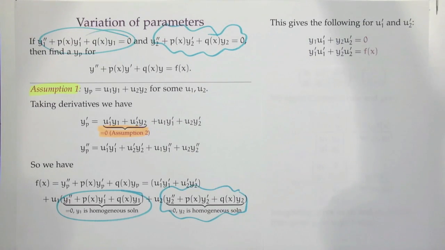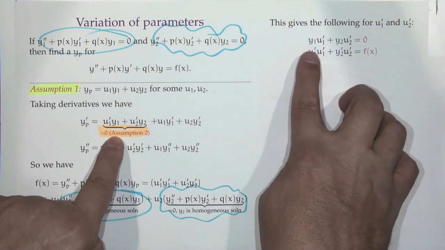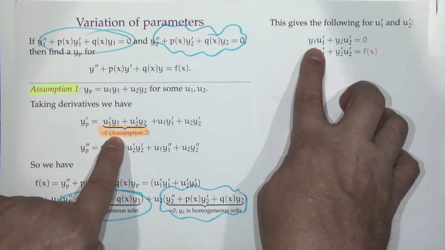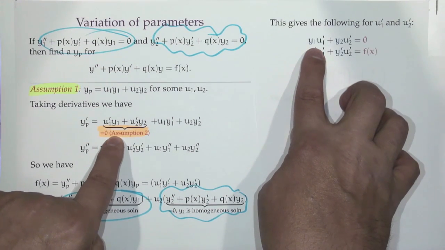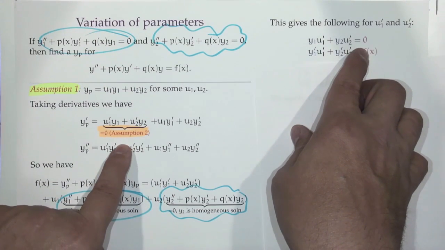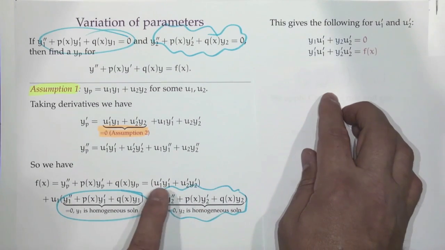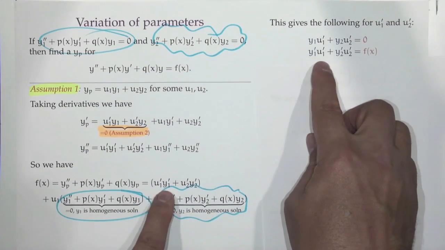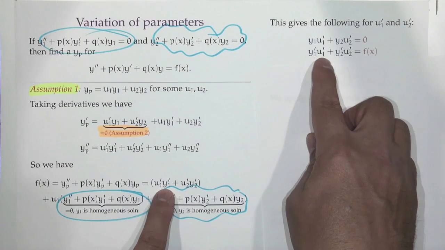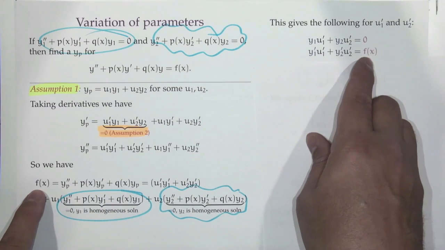Well, for u1 prime and u2 prime, we have two facts. First off, there's this from our assumption: y1 times u1 prime plus y2 times u2 prime has to equal 0. And then, since that went away, we have that y1 prime u1 prime plus y2 prime u2 prime has to equal f of x.